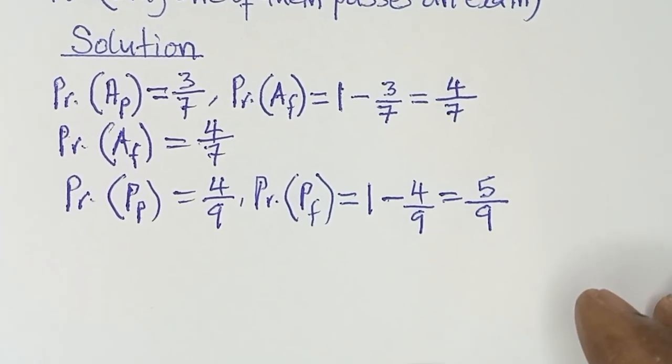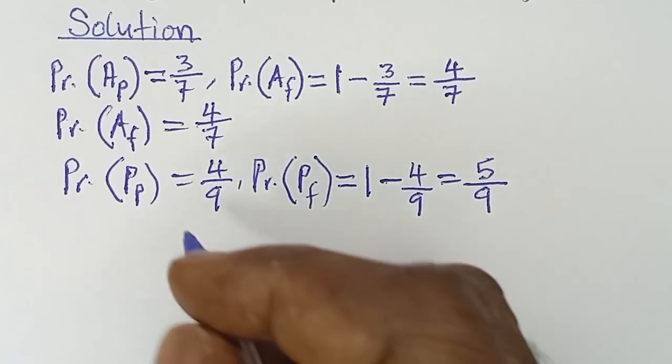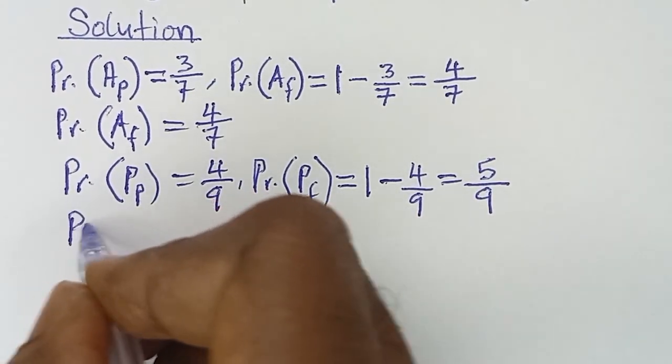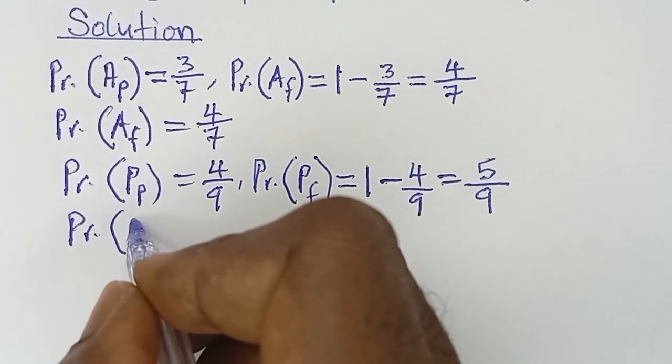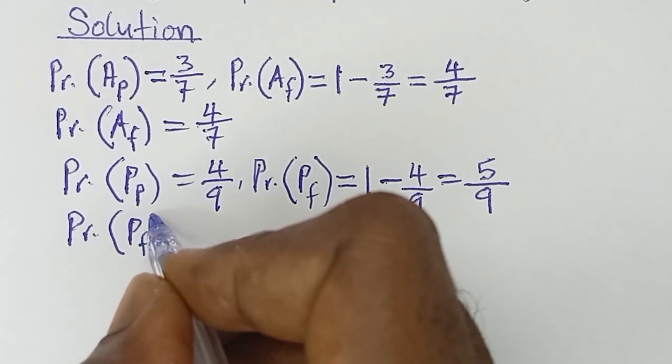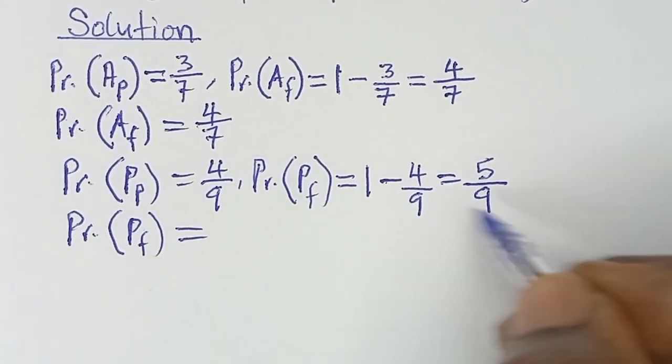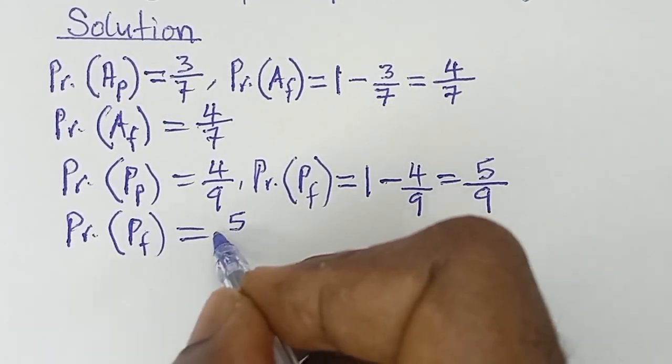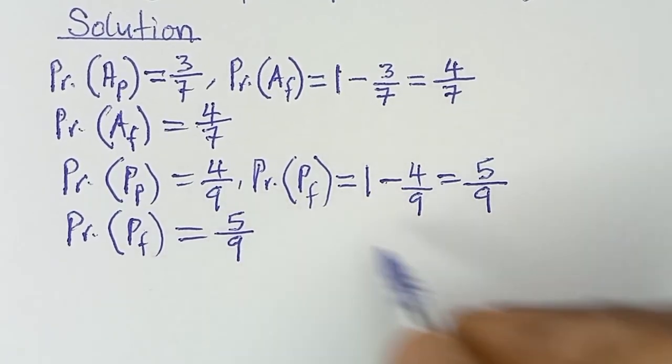So I can write down that the probability that Peter fails the exam is equal to 5 over 9.